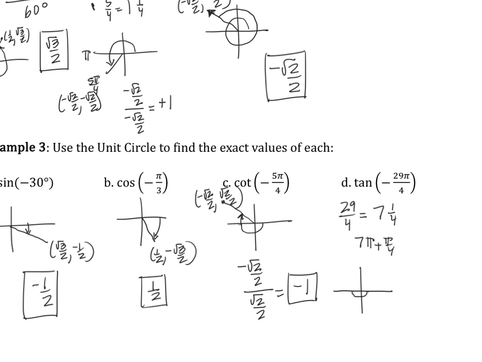So negative 1 pi, 2 pi, 3 pi, 4 pi, 5 pi, 6 pi, 7 pi, and then 1/4 of the way past it. So it's going to end up there, which means, that's a 4 on the bottom, and x is negative here, so it's negative square root of 2 over 2, and y is positive, so they're the same thing. Okay, there we go. And tangent is y over x, so I get square root of 2 over 2 over negative square root of 2 over 2, which would be negative 1.